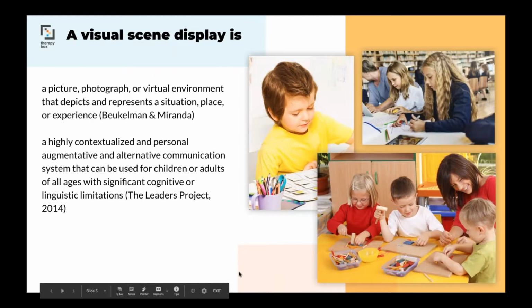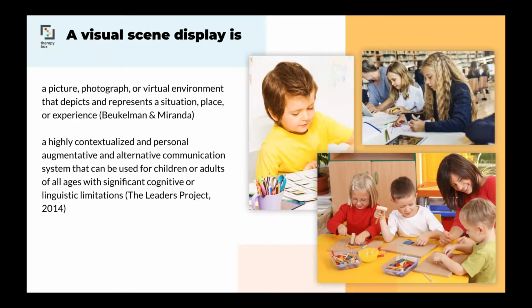There are a number of definitions of what a visual scene display is, and I think most people would be familiar with these. The Beukelman and Mirenda definition: a picture or photograph or a virtual environment that depicts and represents a situation, place, or experience. So that definition's been around for a while.